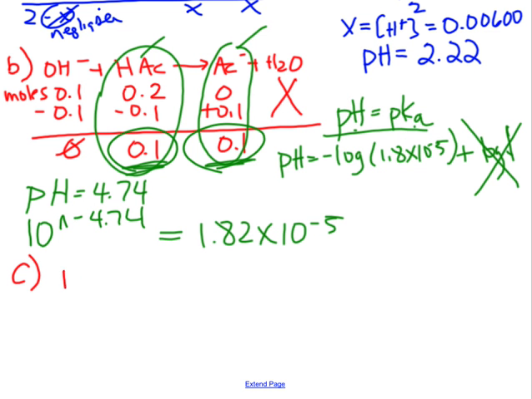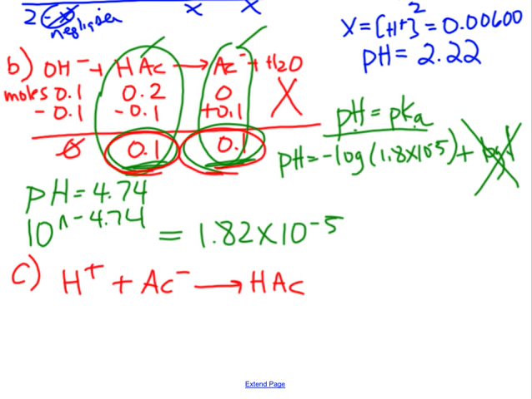So part C, we're invading with H plus to the buffer we just made. Which part of the buffer we just made will H plus react with? AC minus to make HAC. Here's the deal. This is the number of moles that we used. Are we using all those moles in this? No, we're not.